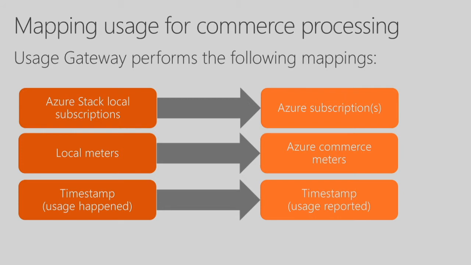So for example, all the information about the local subscriptions, which can be very useful in an internal billing situation, is still there and shows up in the finished usage reports, and you can use it. And likewise, the timestamp, which sometimes is useful in resolving billing discrepancies.